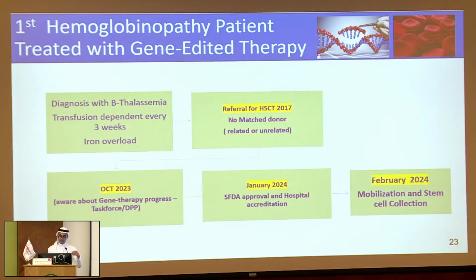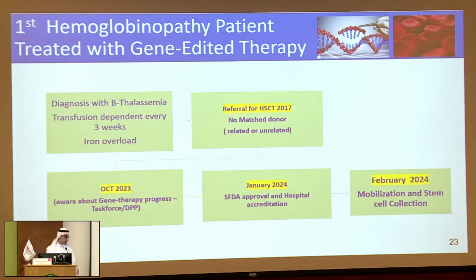Now we can give you a little bit more of a clinical outcome for the first patient that was done in the pediatric group, who is a 12-year-old and now 13-year-old. He's a beta thalassemia patient who ended up on a regular transfusion program lately, every 3 weeks, has iron overload, and was referred to us for transplantation.